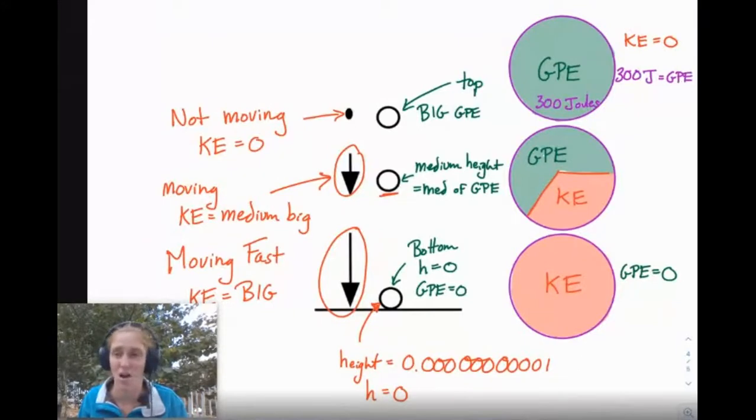And at the bottom, all my energy is kinetic energy. So if the entire thing is 300 joules of energy here, then I know that my kinetic energy needs to be equal to 300 joules.